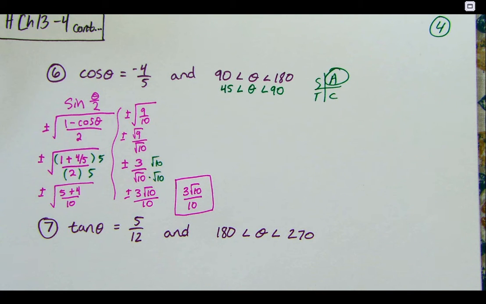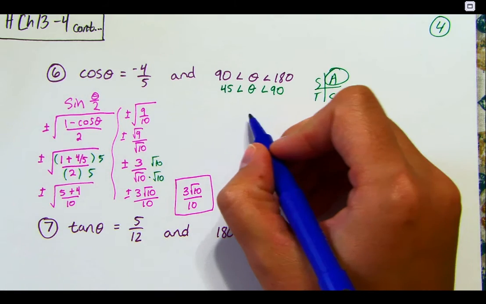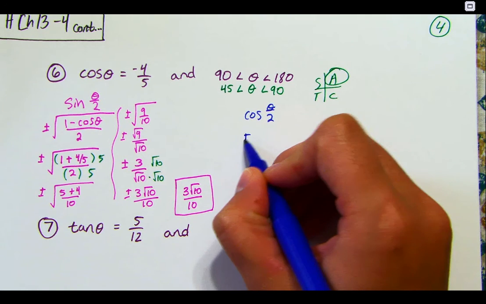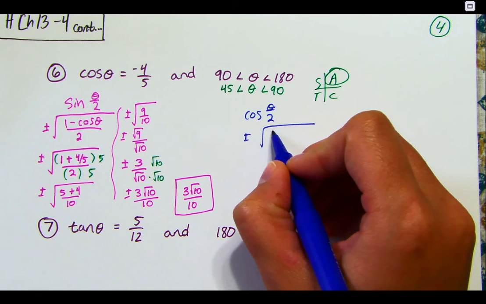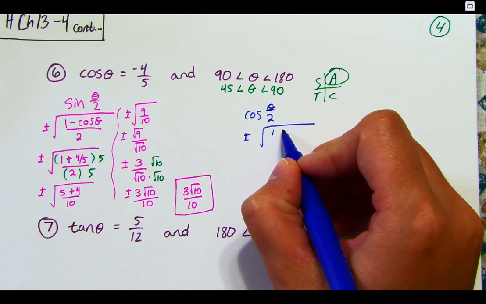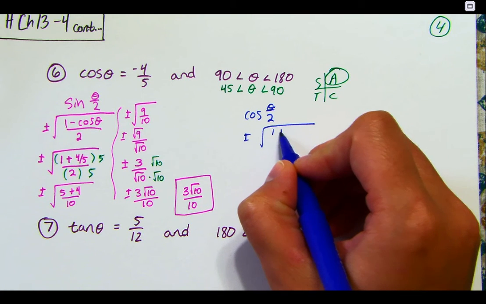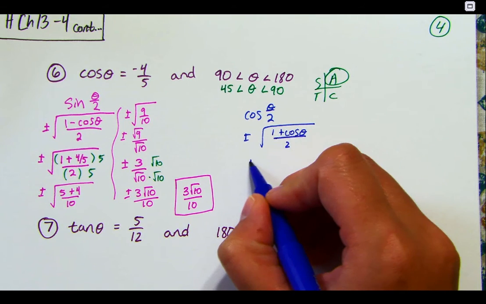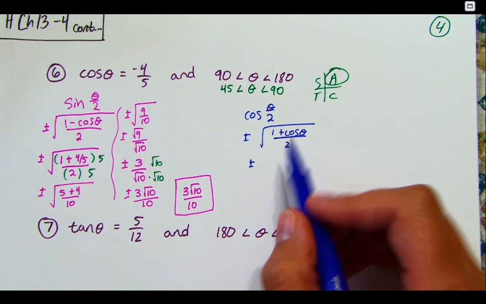And then we're going to go through that similar process for cosine theta over 2. So let's see, cosine theta over 2, I'm using the formula plus minus the square root of 1 plus cosine theta over 2. And then I'm substituting in the cosine that was given to me.